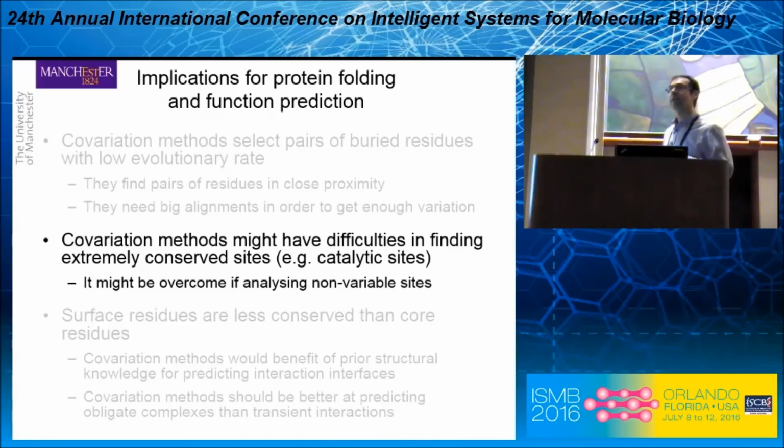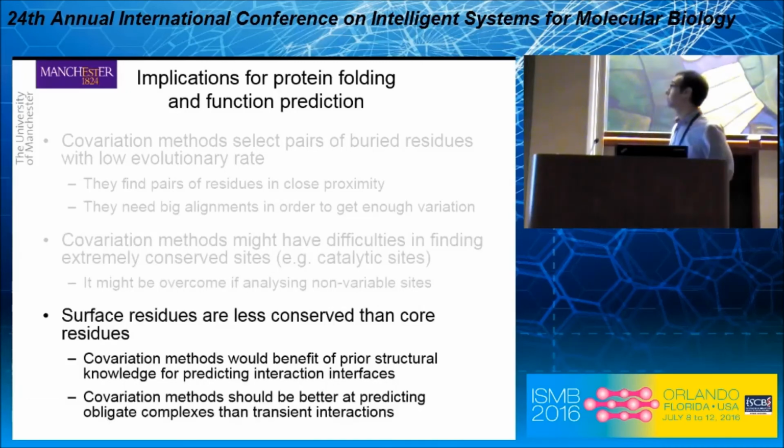In those cases, even in massive alignments, there are going to be very few changes. We believe that this difficulty might be overcome by combining covariation methods and phylogenetic approaches such as maximum parsimony in order to include these extremely conserved sites in the analysis.